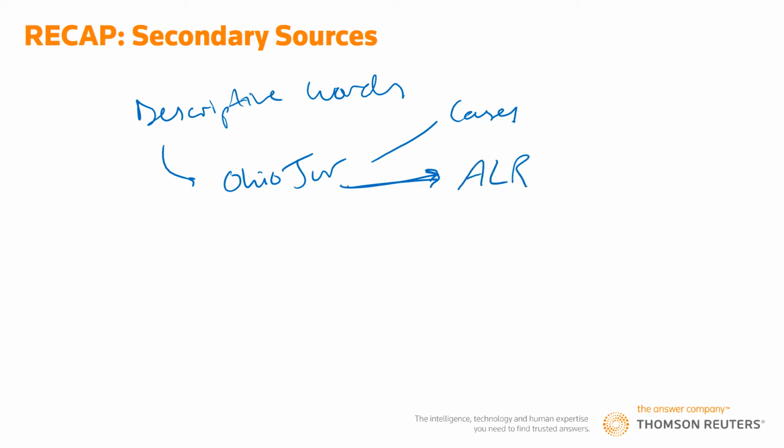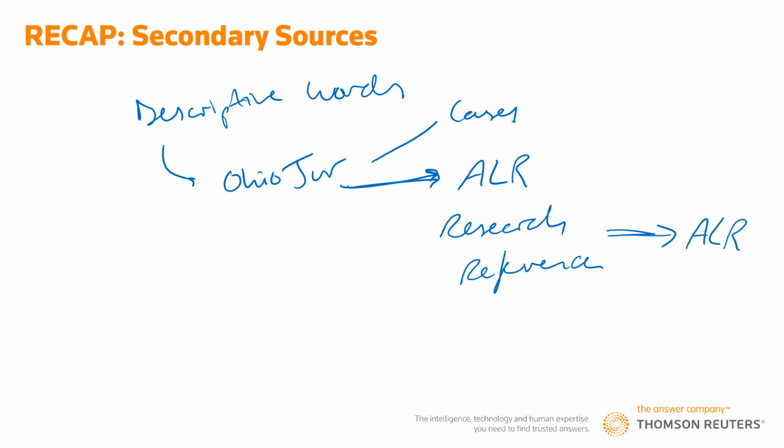And those ALRs are going to talk about things like time and area. And then at the end of the ALR, those research references are going to link us out to even other ALRs that talk about the factors that are going to be important in our analysis. There are research references over here too.